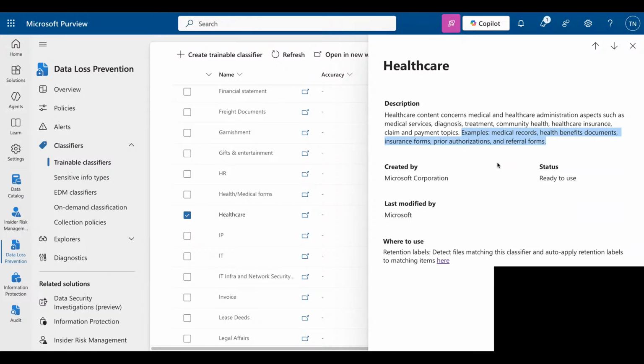If an administrator in a hospital is trying to steal sensitive information like medical records or health benefits, this system will alert you. It will detect when somebody is copying this or trying to send it to someone who's not supposed to have it, maybe someone outside, and it will detect or block depending on how you set it up.